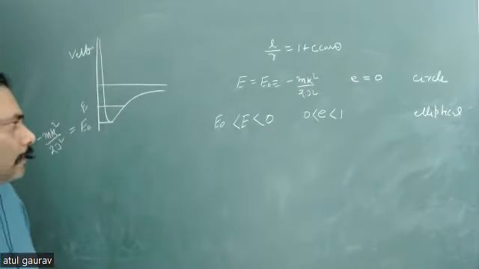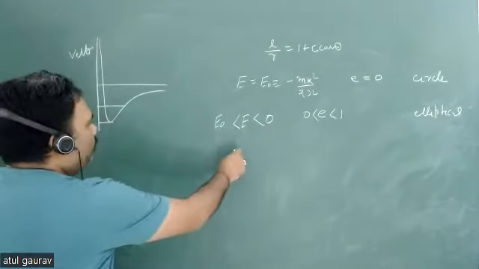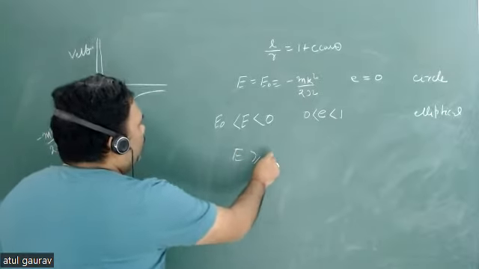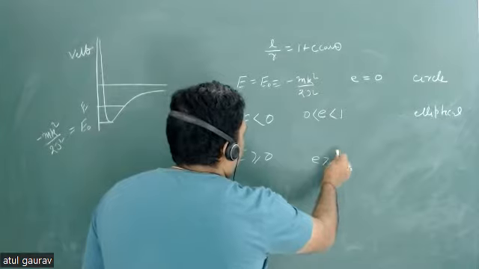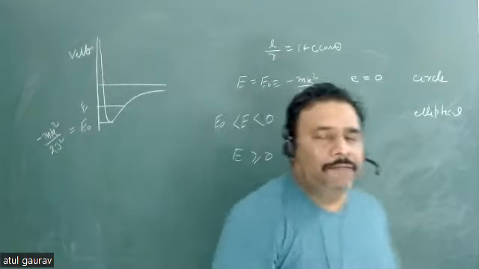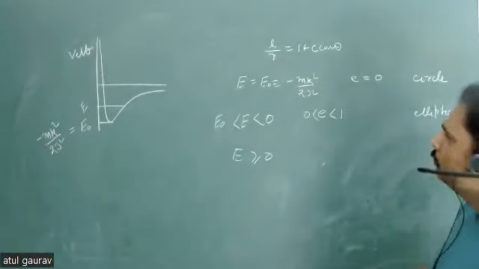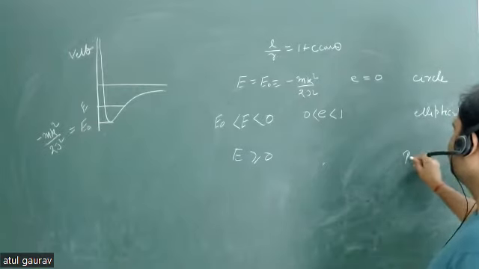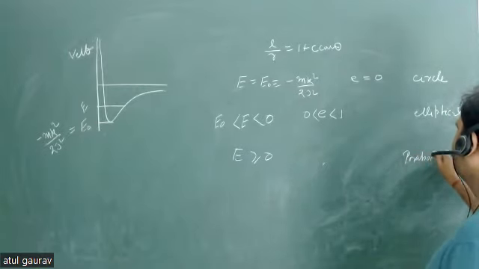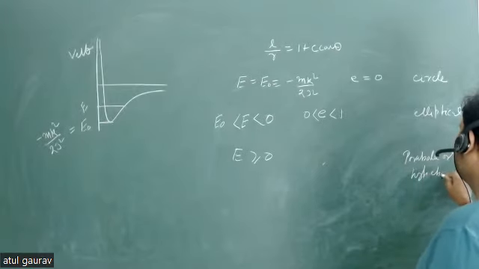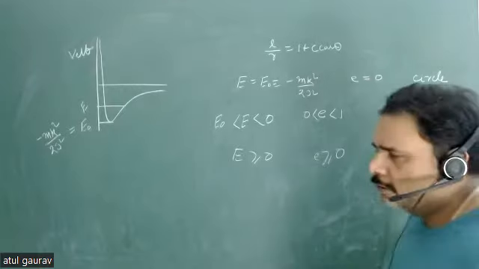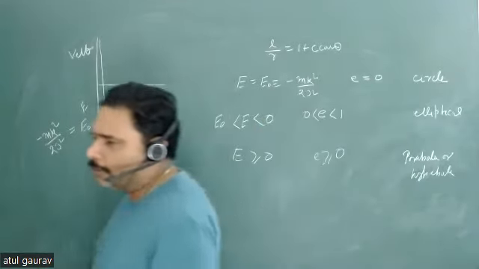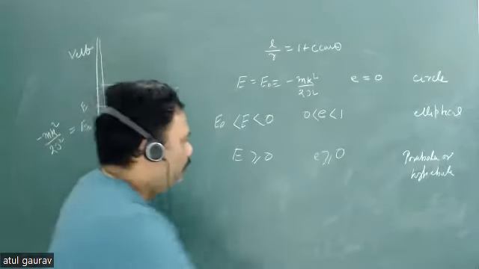Your circle. And now if E is greater than or equal to 0, then the shape can be what? Either parabola or hyperbola. When your E is equal to 1, this is a special case, the parabola.